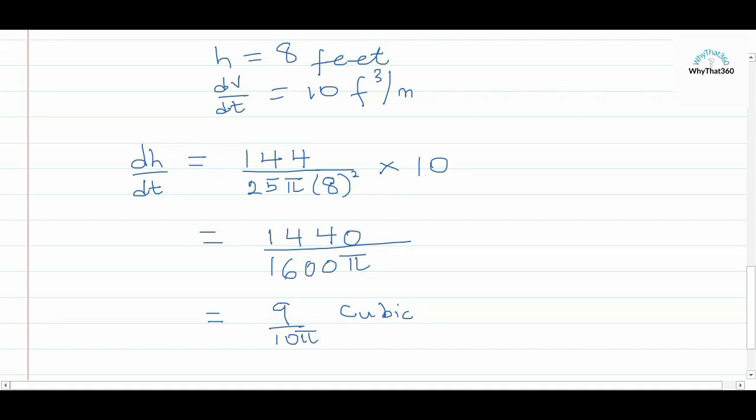Cubic feet will be volume, so it's just the depth, which is feet per minute. Feet per minute. And that becomes the answer.